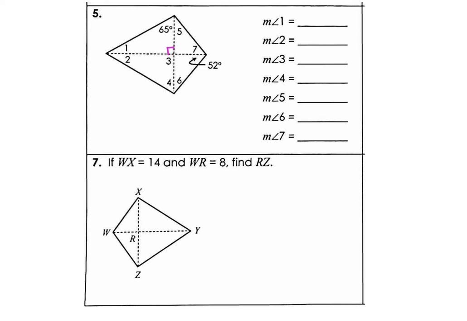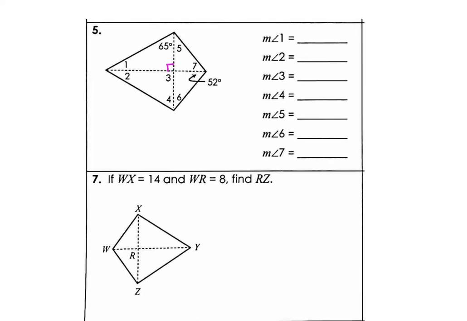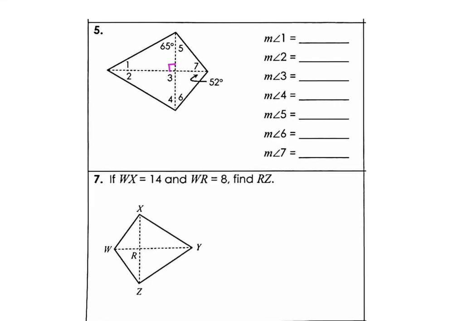Angle 1 is the third angle in a triangle. I have 65, 90, and 1. So I should be able to subtract 180 minus 65 minus 90, and I should get that angle 1 is 25 degrees, just by my property of triangles.